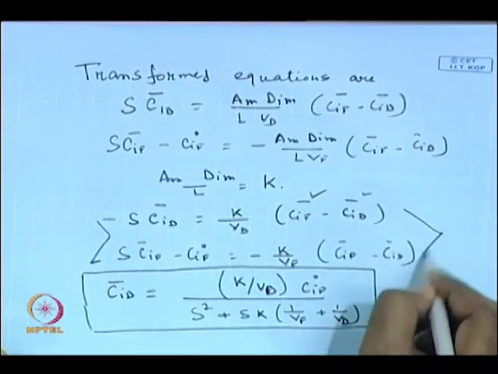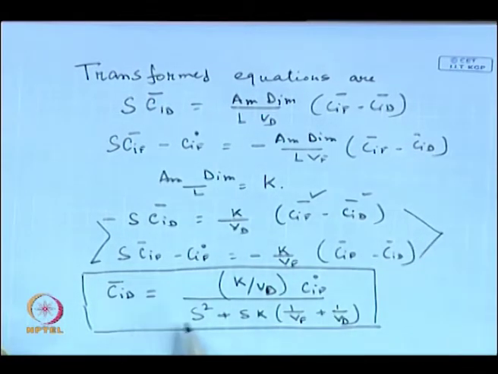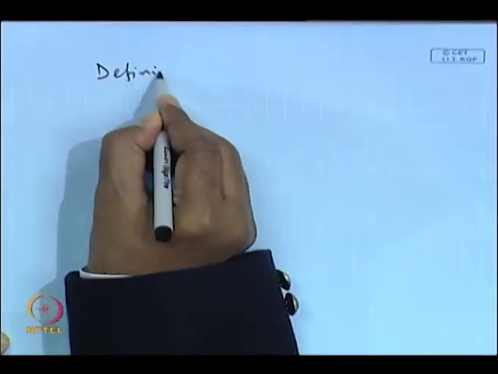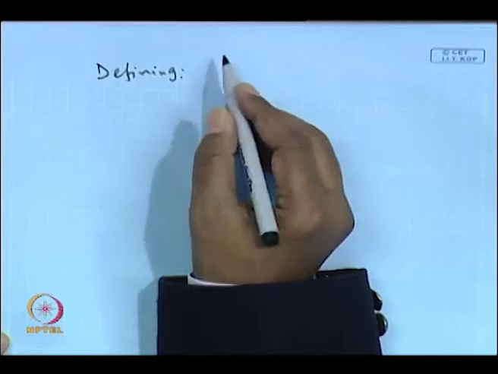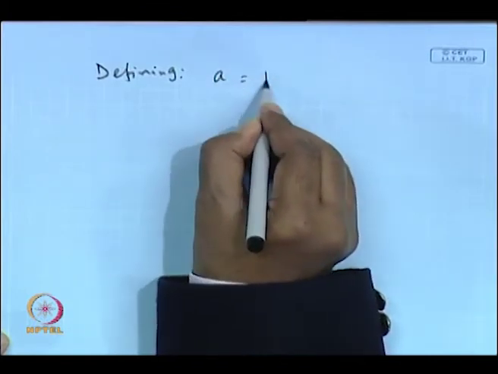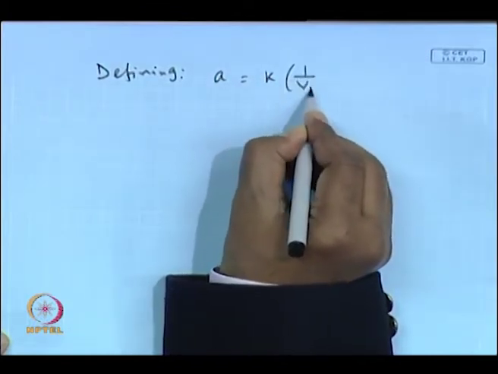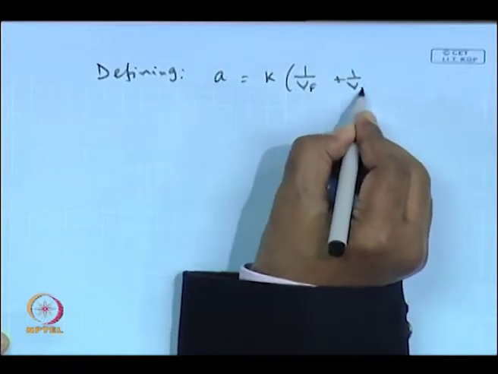So, by solving these two equations, you will get an expression for the concentration of solute in the dialyzed side in the transform notation. Okay. Now, we can further simplify it by defining another variable, to get it in a compact form. A is equal to K times (1 over V_F plus 1 over V_D).